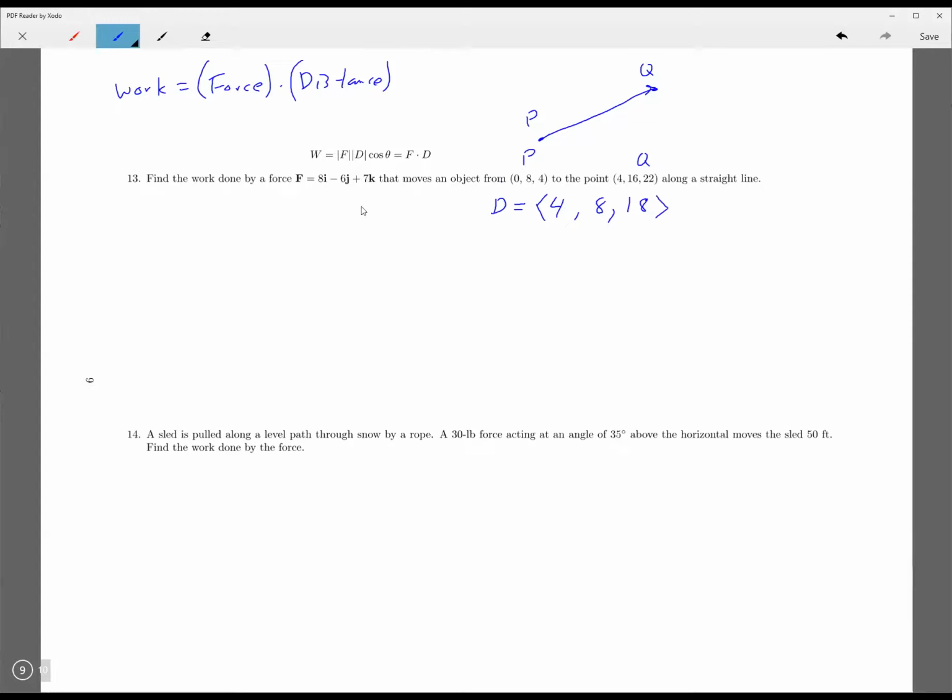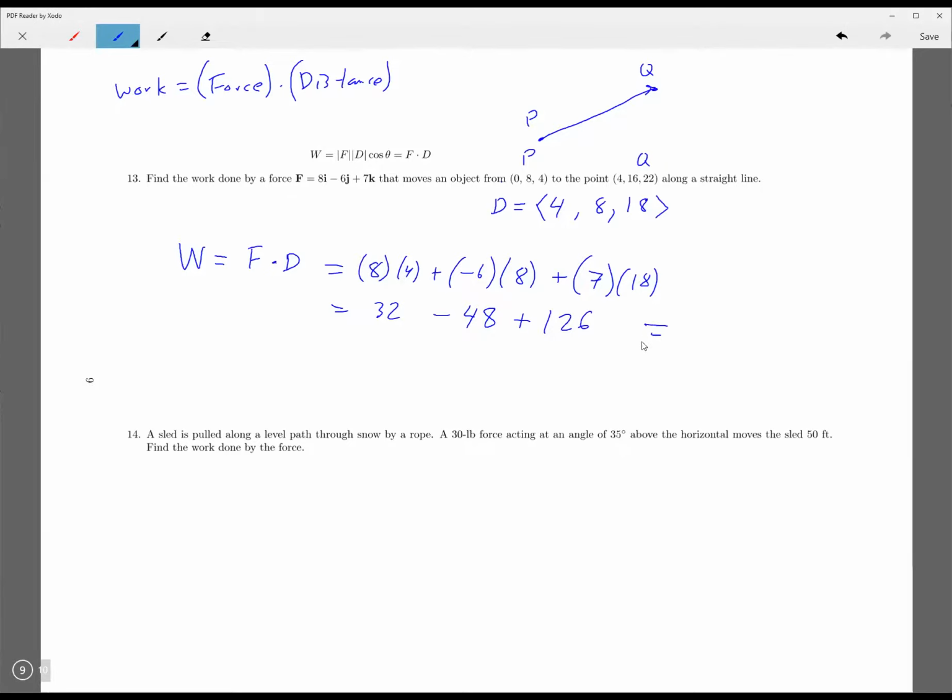So you're just going to take the dot product of those two. So that's 8 times 4, plus negative 6 times 8, and then 7 times 18. So 32 minus 48 plus, 18 times 7, 126.